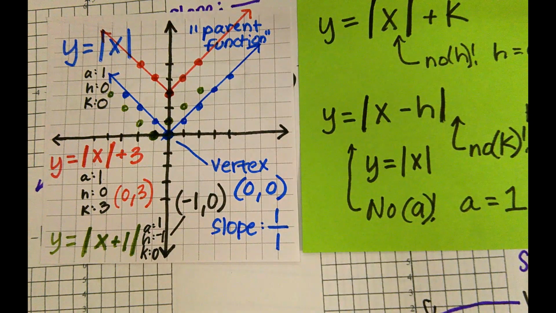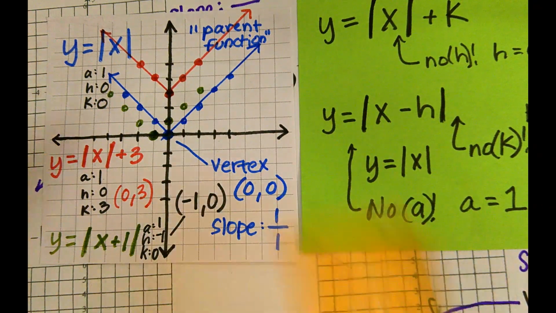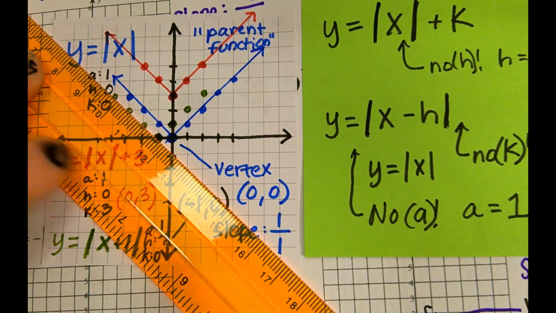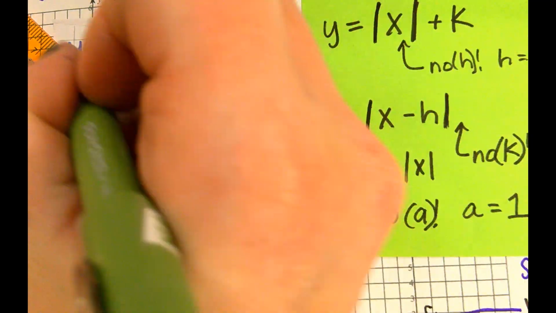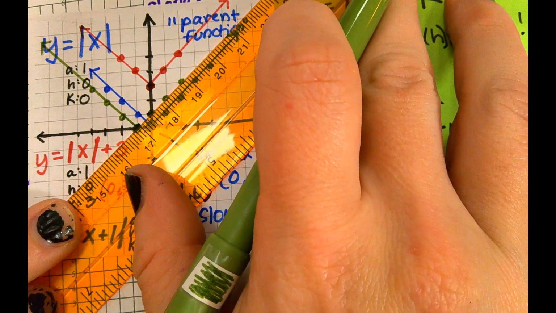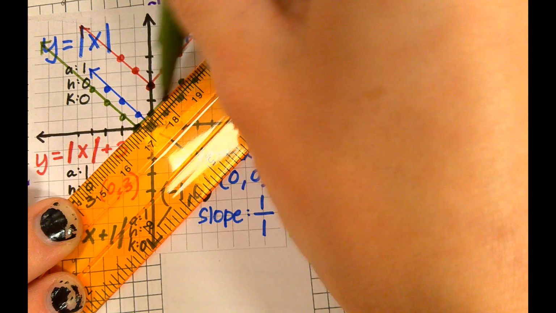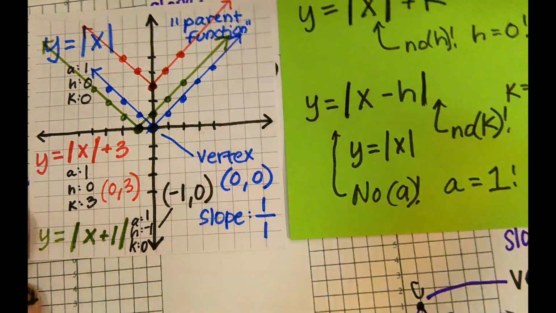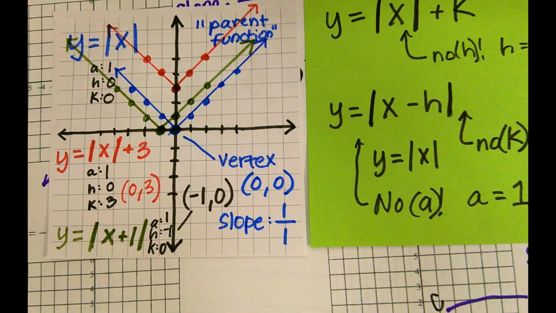These graphs are getting a little squished now, but once we draw the lines, it'll be a little bit easier to see. Put a lot of stuff on one paper. Okay, there we go.